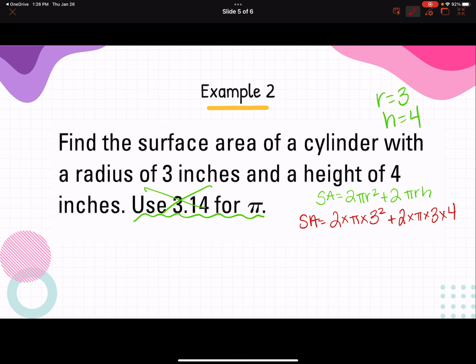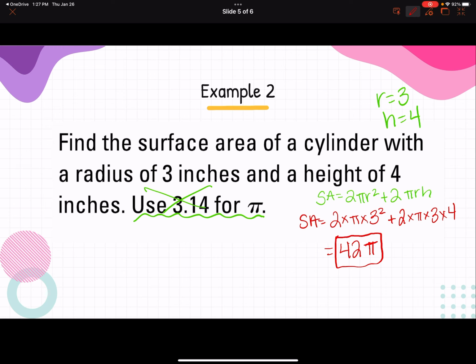So you can go ahead and just type this whole thing in. 2 times pi button times 3 squared plus 2 times pi button times 3 times 4. And what I get is 42 pi, which is the correct answer.